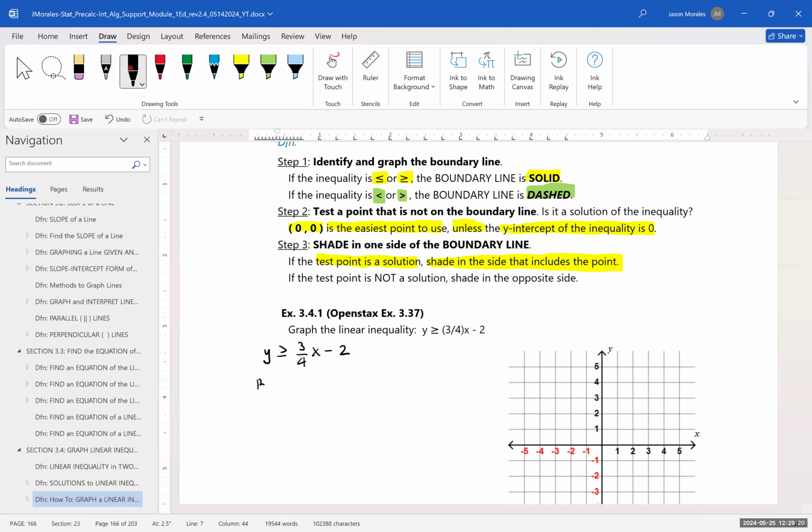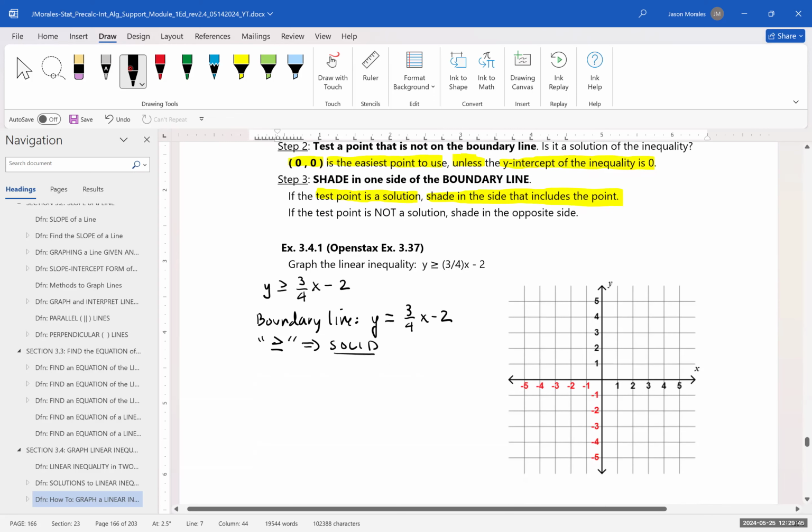So the boundary line is going to be y equals 3/4 x minus 2. And because our inequality is greater than or equal to, this means that our boundary line is going to be solid. Okay. So we're going to graph y equals 3/4 x minus 2.